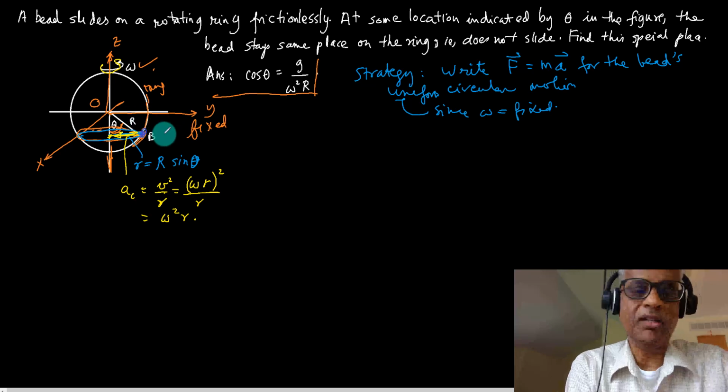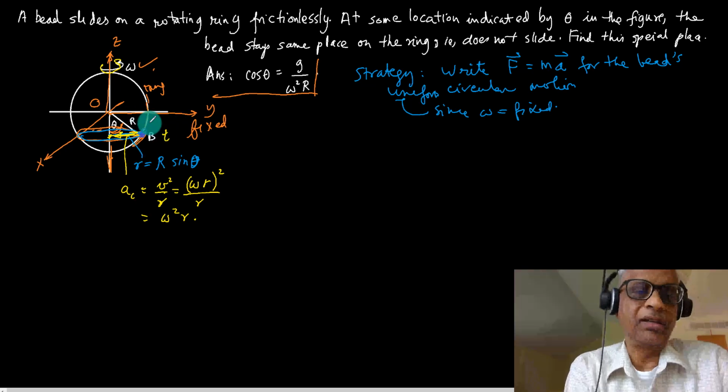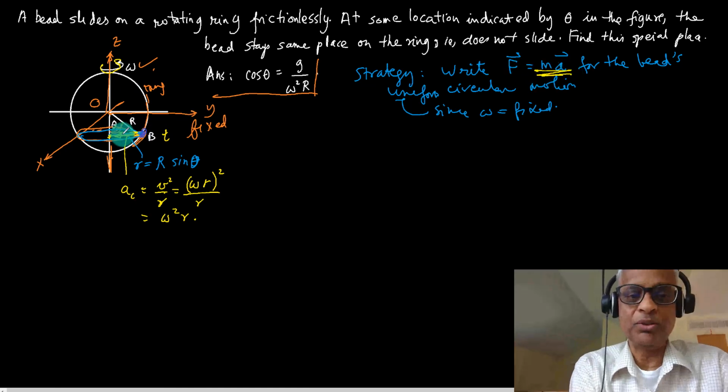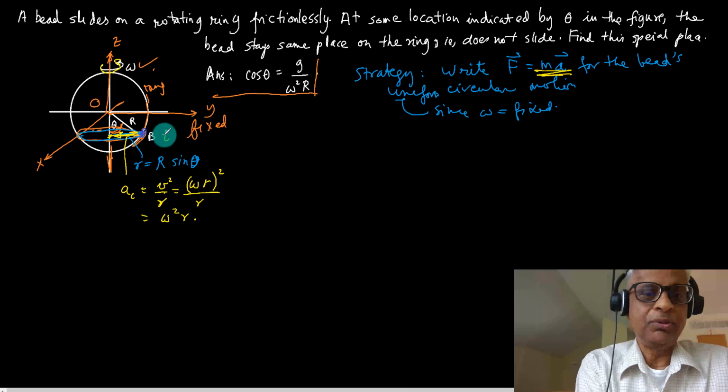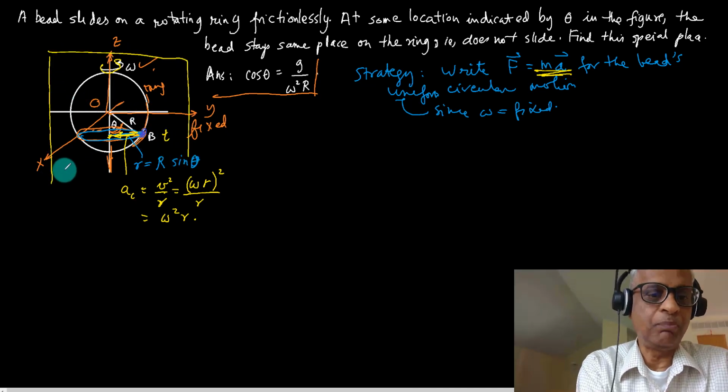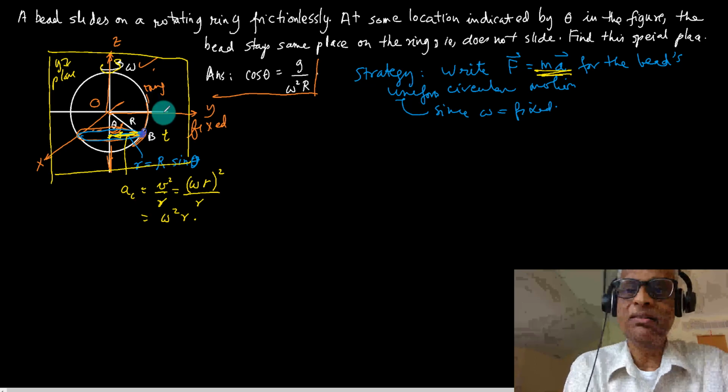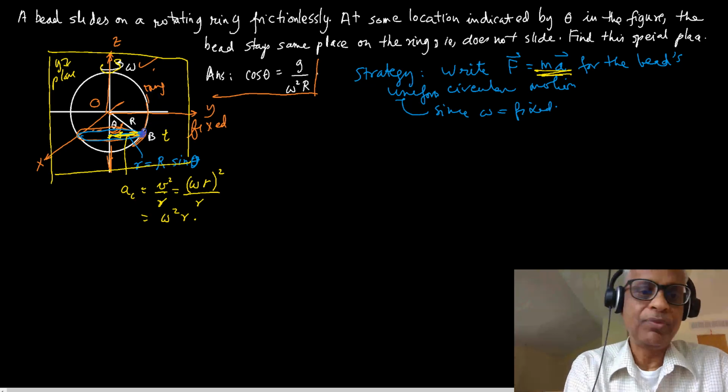So at this instant, let's look at which way the forces are, because we already figured out the direction. The whole thing is in the YZ plane, so we don't worry about the x-axis forces.